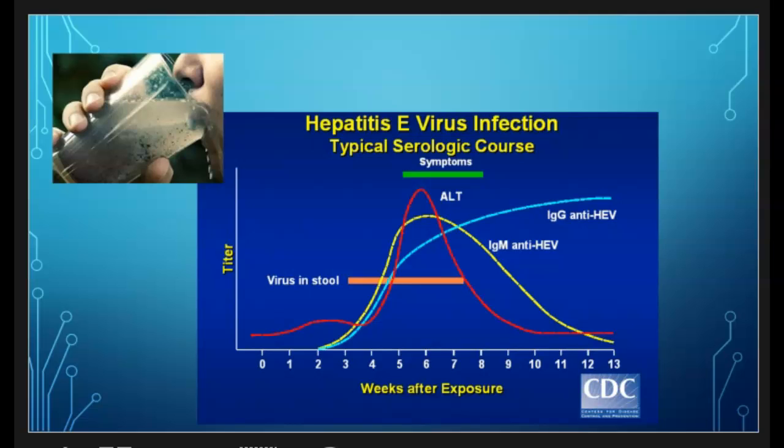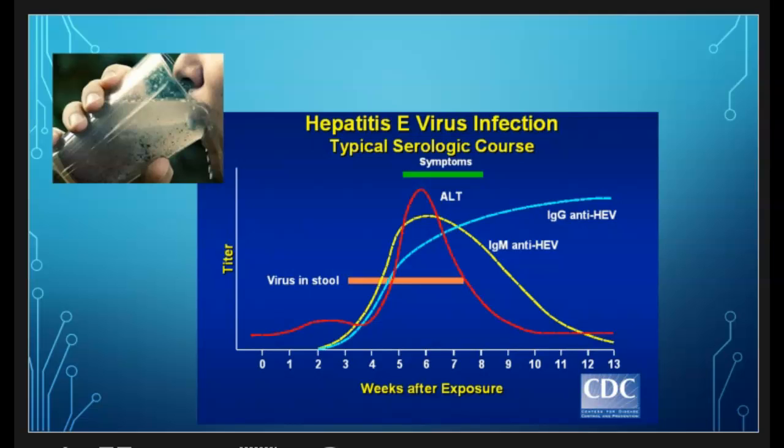Anti-hepatitis A virus IgG is not detected in acute infection, but it is detected in past infection. So these charts, these boxes are very important. You need to remember that IgM means current or acute infection, and IgG means current or past infection. The next virus we're going to talk about is hepatitis E virus.